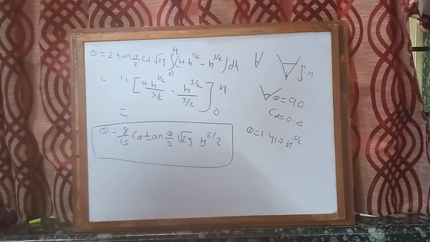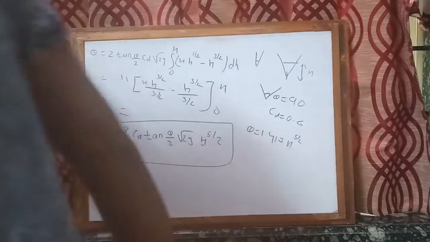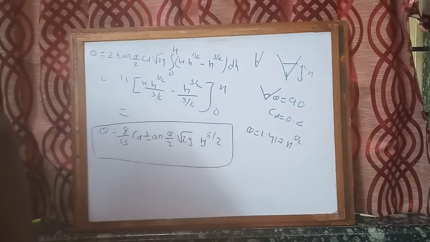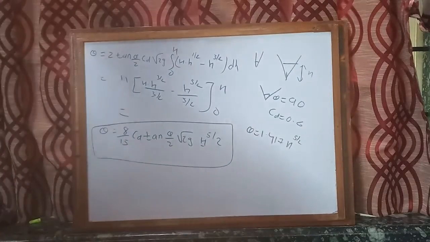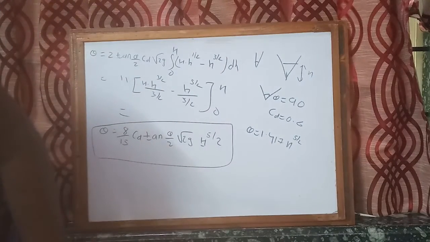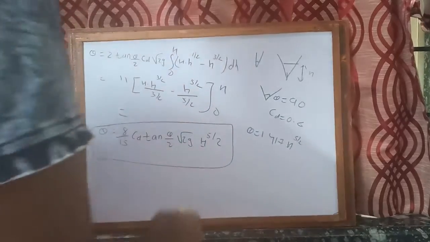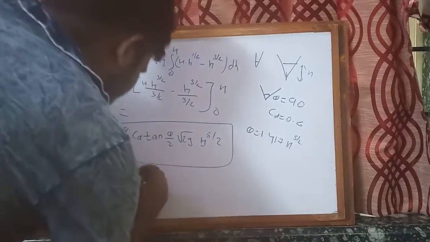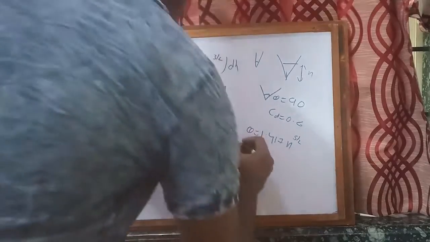Now for the rectangular notch we do not have a derivation. You should just jump to the formula. You should just remember the formula and know how to use it for the problems. In the exam they will ask you problems on that; they will not ask you how to derive it.